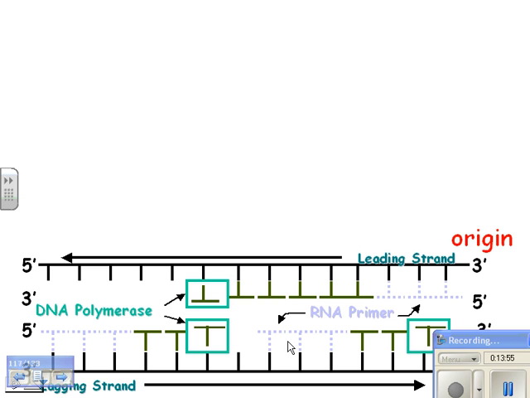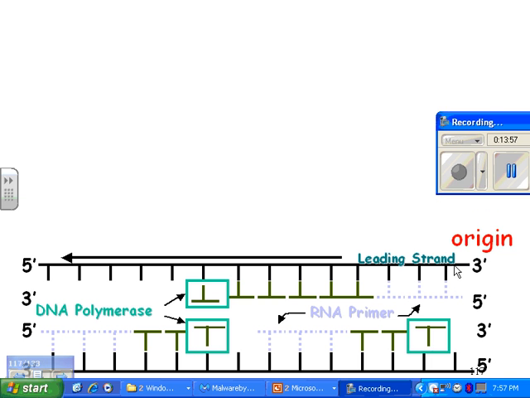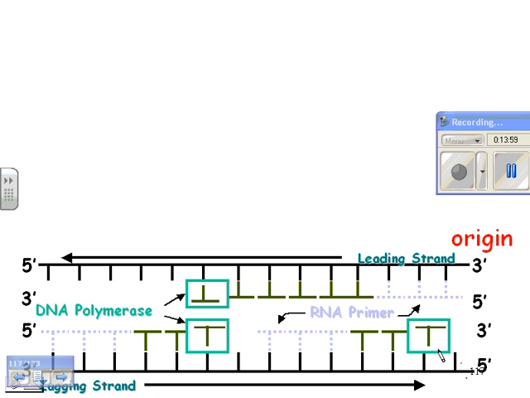Of course, the lagging strand is the other way around, isn't it? If you unzipped the 2 original ones, then this one, if that ends in 3', that would have 5' on that side. And you're unzipping it over here. But as you unzip it, it can't recognize the 5' side, so it can't start over here. So it has to actually go backwards.